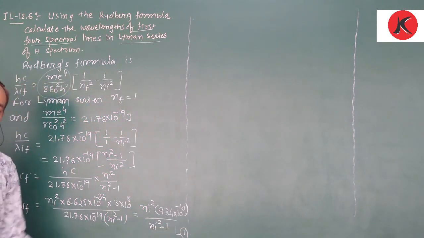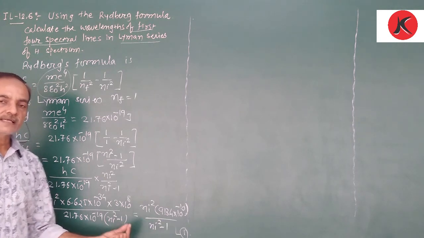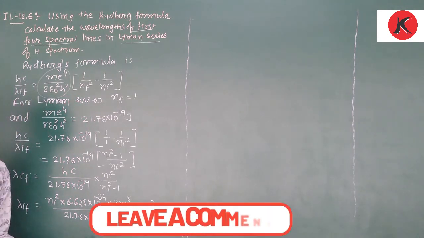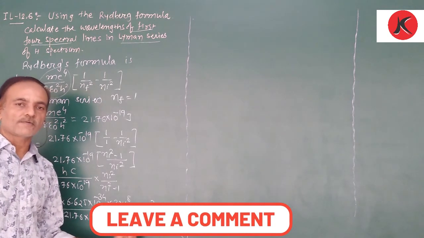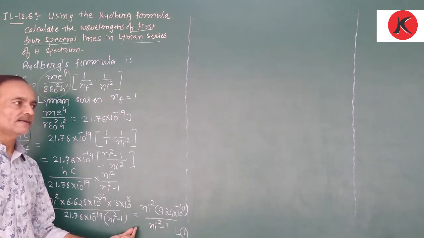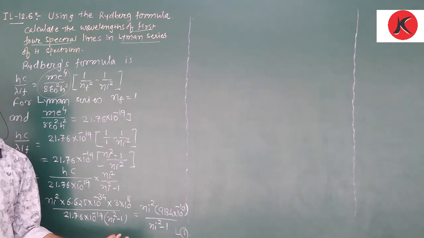As we take different values of Ni, like 2, we obtain the wavelength of alpha line for the Lyman series. As we take 3, we obtain the wavelength of beta line. As we take 4, the wavelength of gamma line. And as we take 5, the wavelength of delta line, the fourth line.